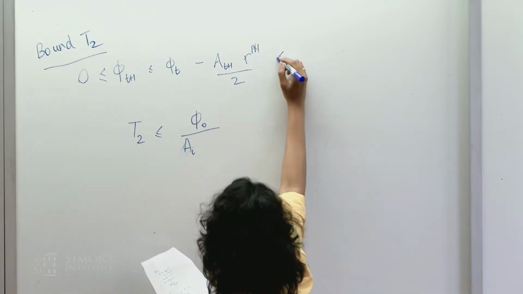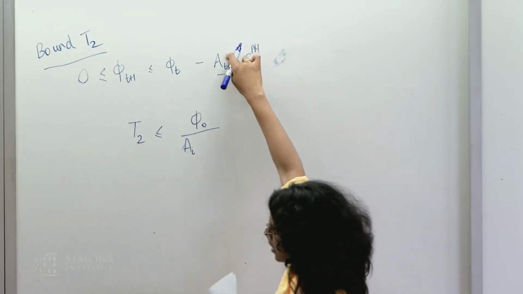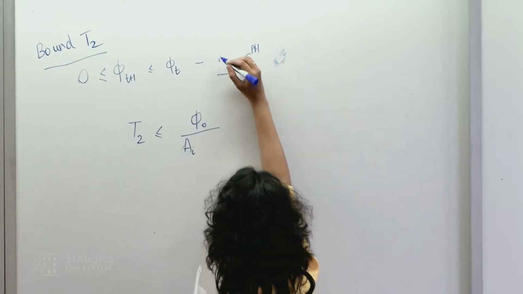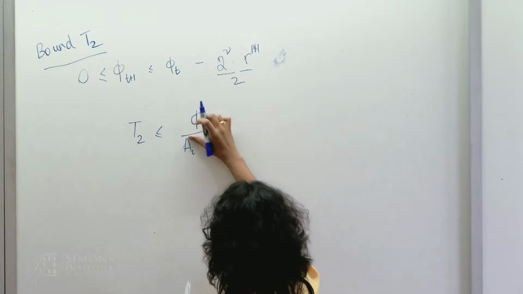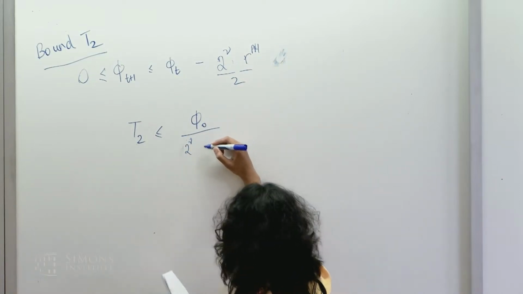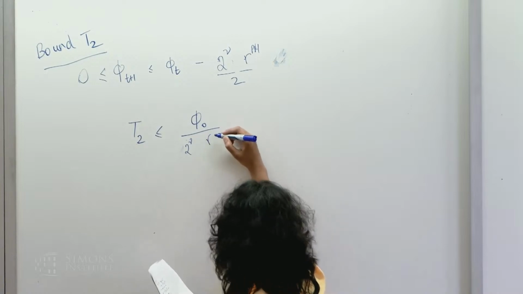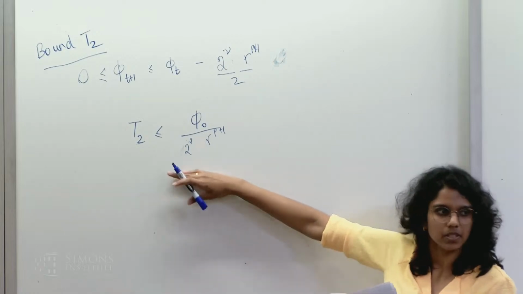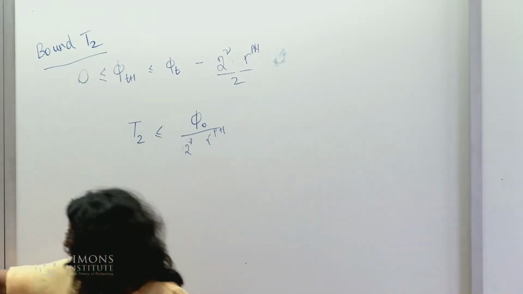Before that, let's also see. We also know that these A's are in this range, so I'm going to replace this by 2 to the nu. And then you can just say that this is at most this, the maximum number of steps you can have of this kind.